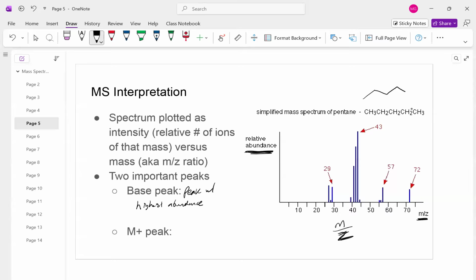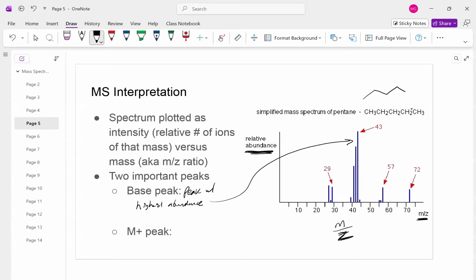In the case of this particular spectrum, that's this one here at 43. Now, don't mix this up with the peak that has the highest mass value. Sometimes that's the base peak, sometimes it's not.